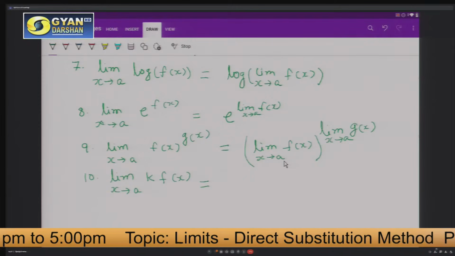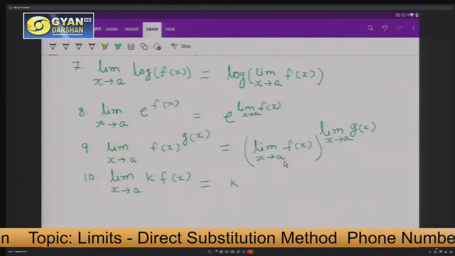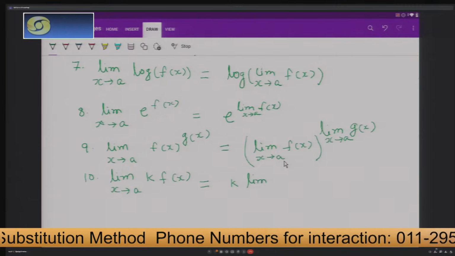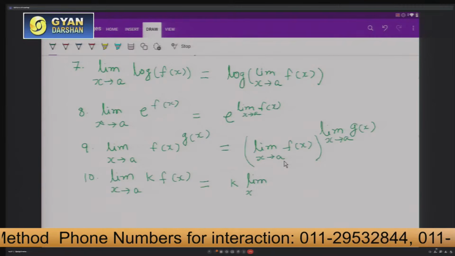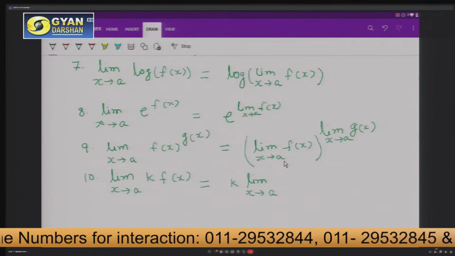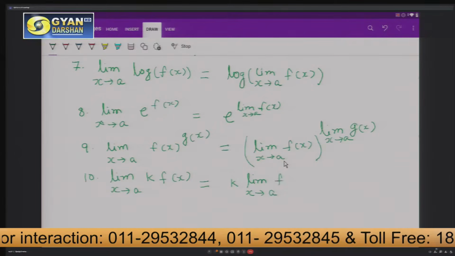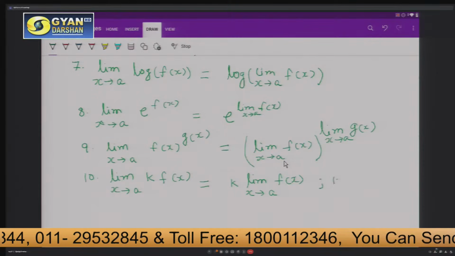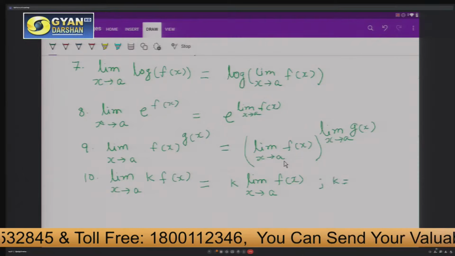So k will come outside, and then we can take the limit, if k is constant.